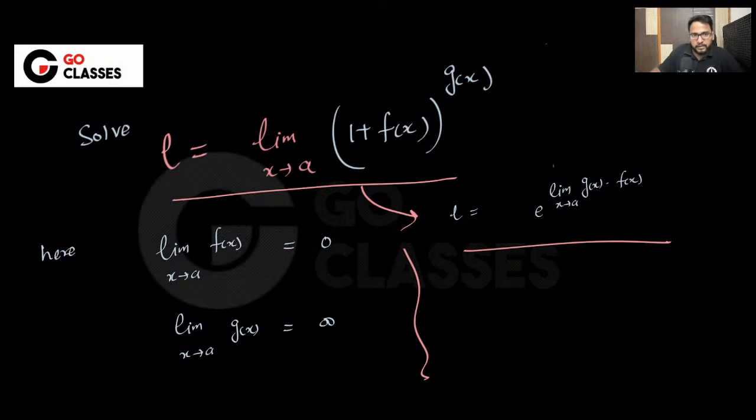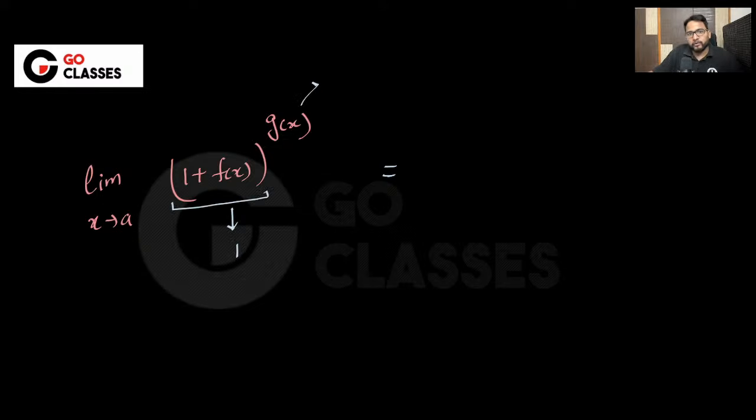Which means, let's suppose some limit is given to you and someone says, can you rewrite it? Then you can rewrite it. How? If this particular quantity is going to 1, and this particular quantity is going to infinity, then you can rewrite it like this. You will say it is same as saying limit x tends to a, e power gx you take here, into this function minus 1, which is fx. It is just a rewritten form.